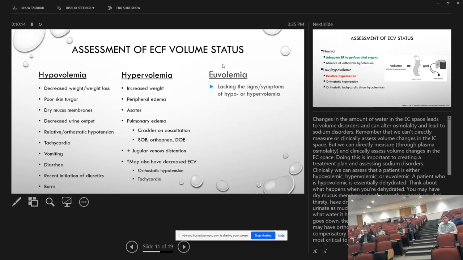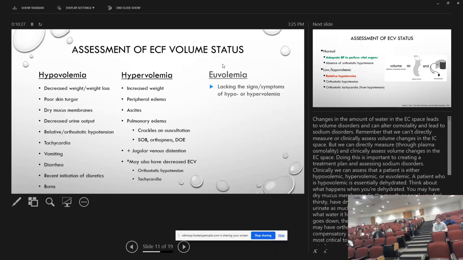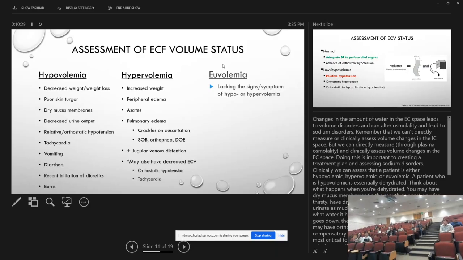So, when you're dehydrated, what kind of symptoms do you have? Thirsty, right? You definitely want to drink water. You may have dry mucous membranes, right? You may have decreased urine output over time if you're severely dehydrated. You can have orthostatic hypotension. What is that? You get up suddenly and you collapse. Dizziness.